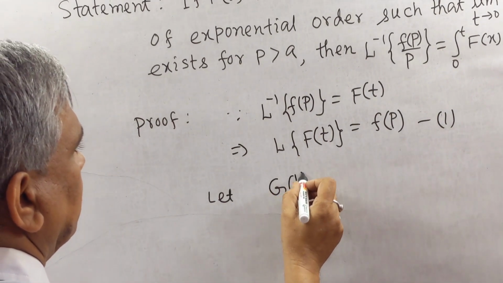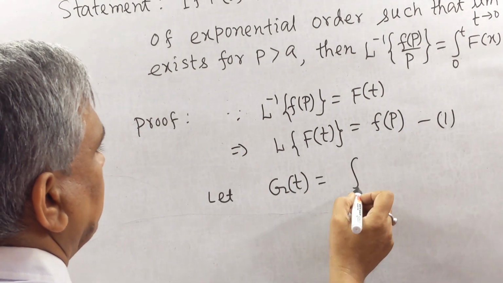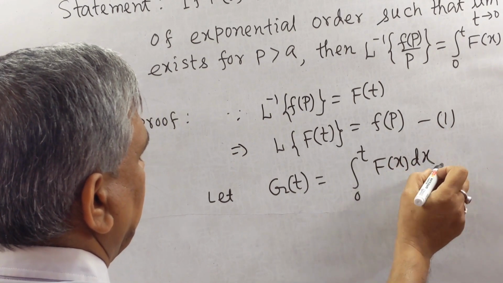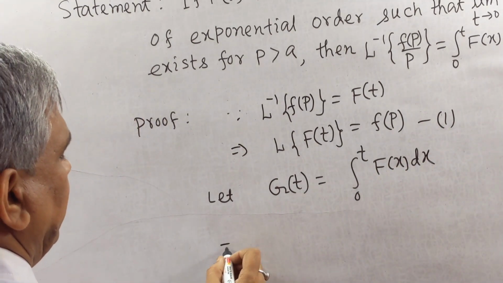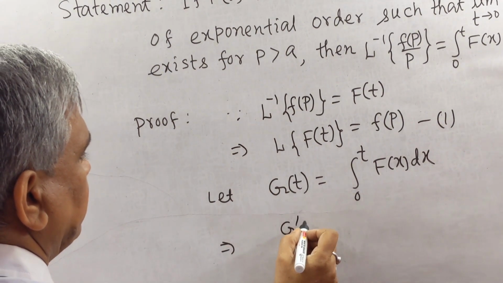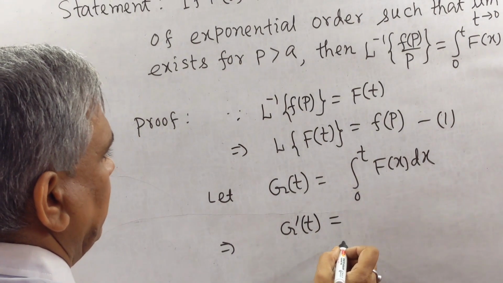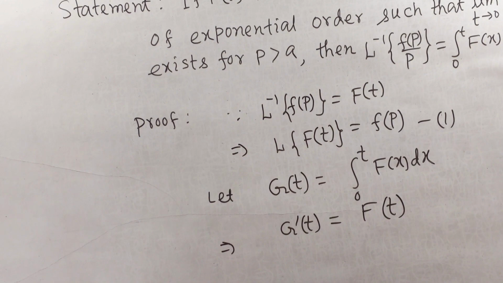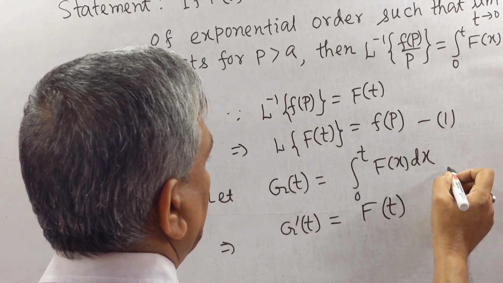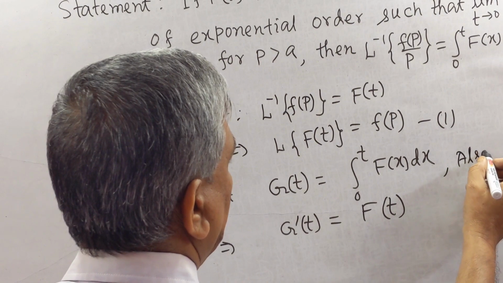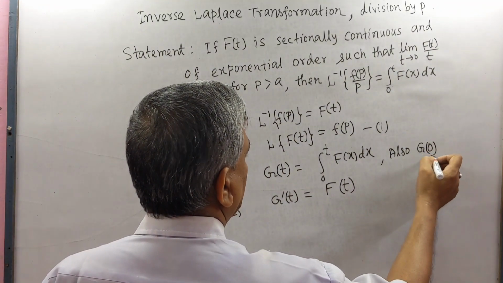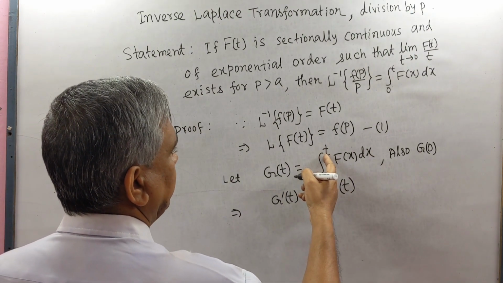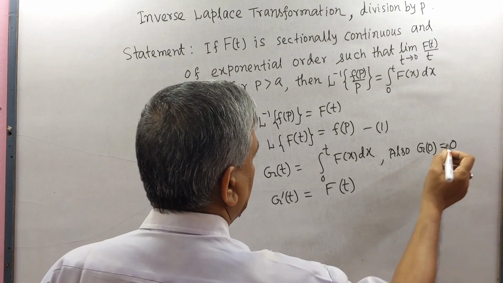Let g(t) equal the integral from 0 to t of F(x) dx. This implies g dash t equals F(t). Also g(0): if we put t equal to 0, then the integral from 0 to 0 is 0.